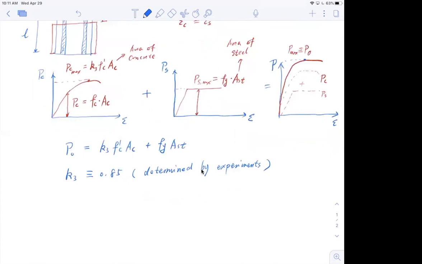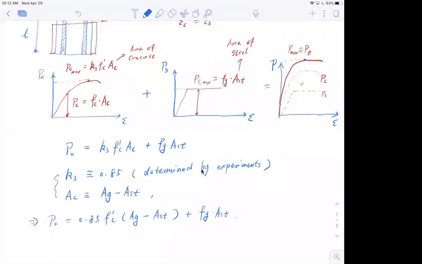And then define the concrete area AC equal to the gross cross-section area minus the area of steel. So now, with this, P0 equals 0.85 F prime C, bracket, AG minus AST, and then plus Fy AST.